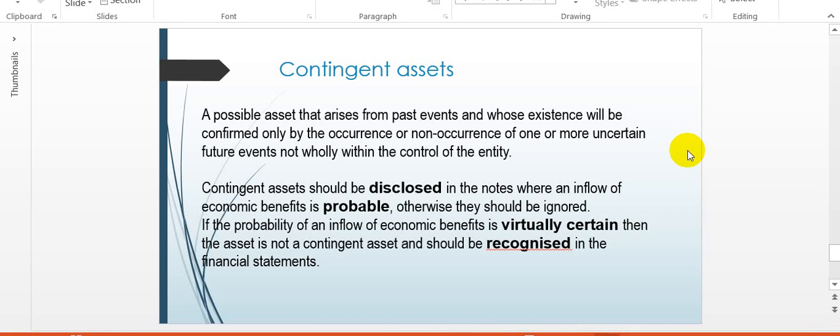Contingent assets, we are looking at maybe 1-2% in terms of weighting. So be sure that you are very comfortable with the provisions and the liability side. Definitely there you will certainly meet some questions. So that concludes our session on provisions.